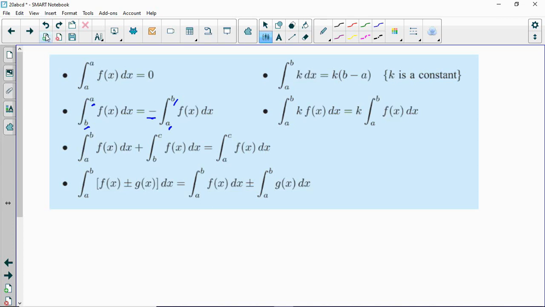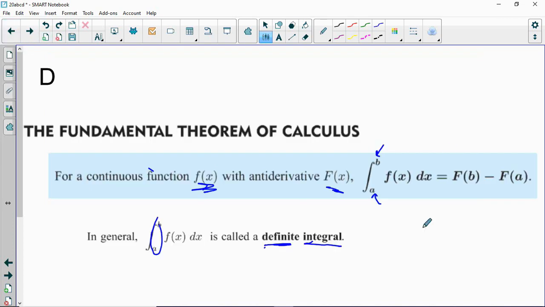Well, no, not according to this rule that we just established, because if we switch the endpoints, a and b, we end up switching these two terms, and that gives us the negative of the original.